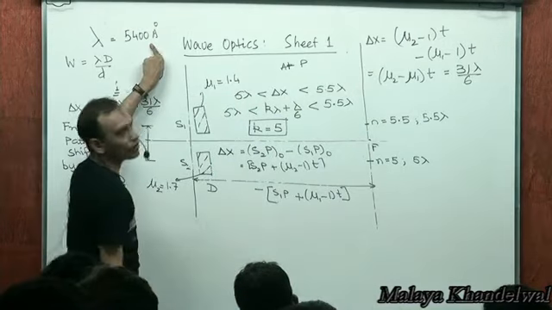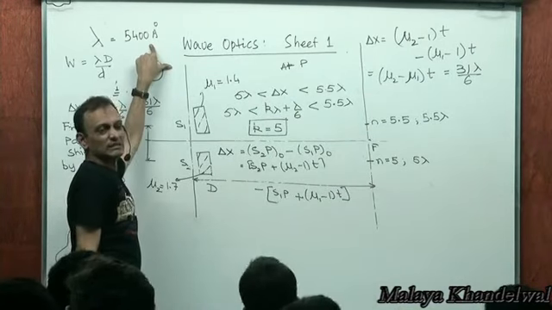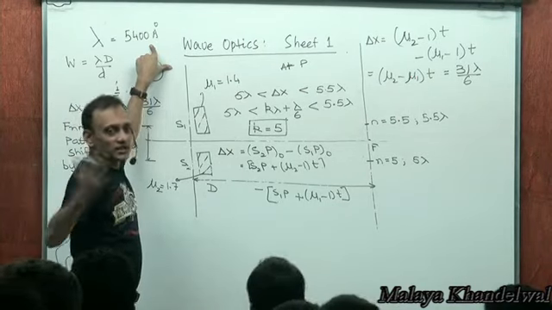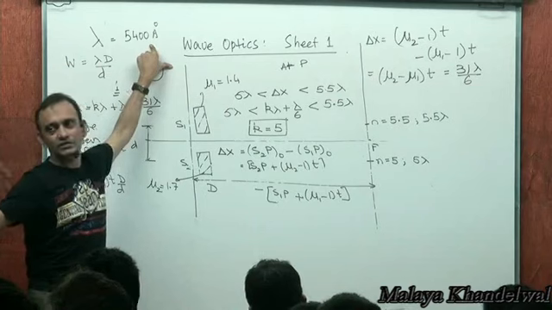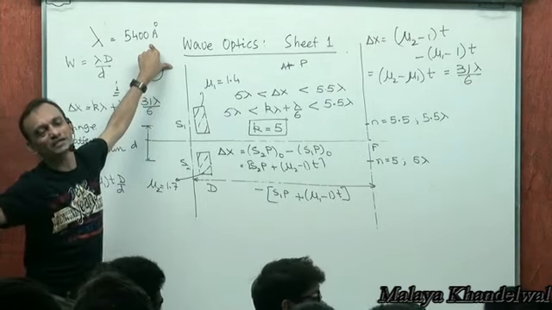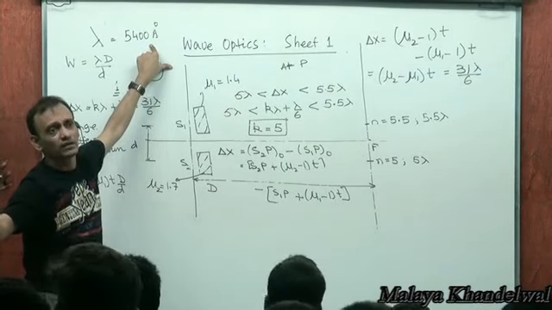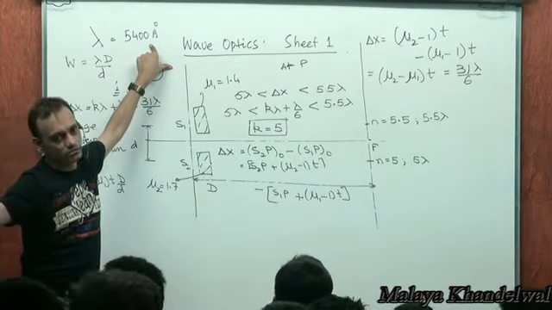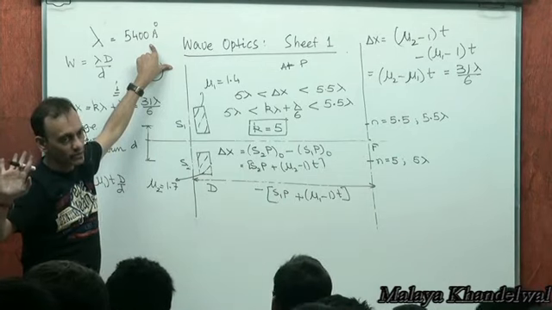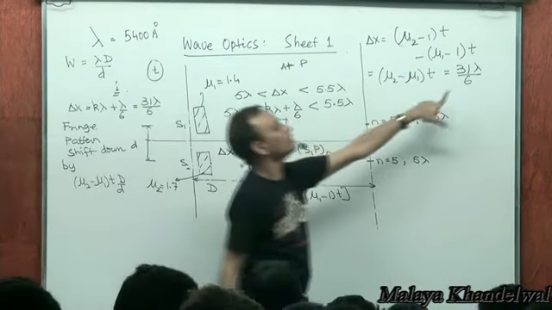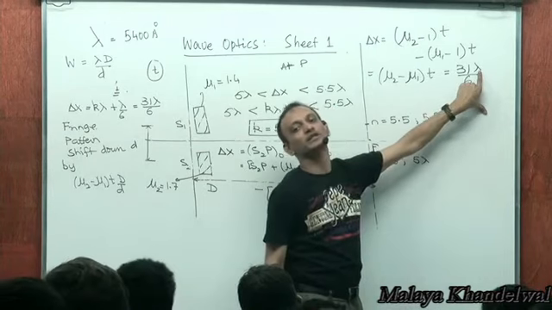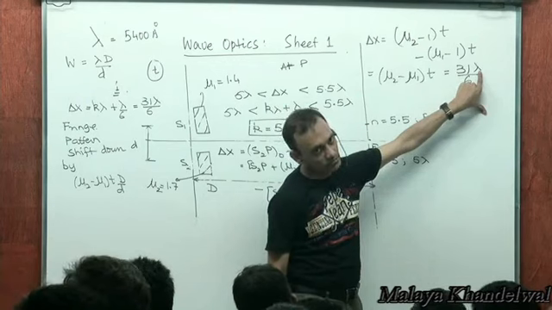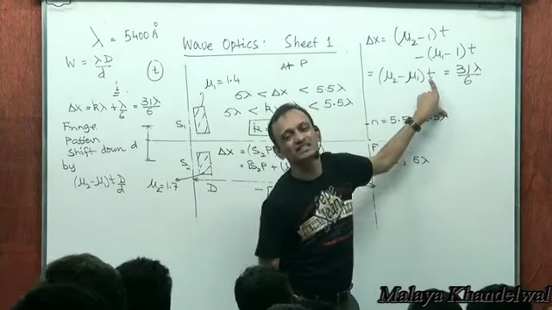Lambda is 5400 into 10 to power minus 10 into 10 to power 6 microns. Multiply by 10 to power minus 10, you will get meters, and then multiply by 10 to power 6, you will get microns. That means if you multiply by 10 to power minus 4, you get microns. So you can convert this lambda into microns by multiplying 5400 by 10 to power minus 4.